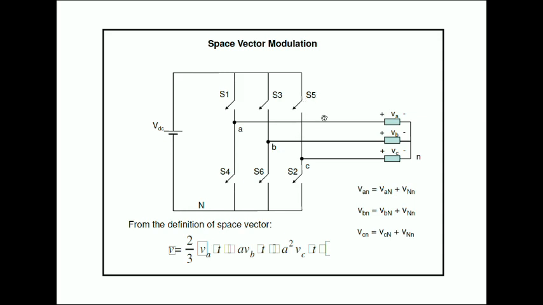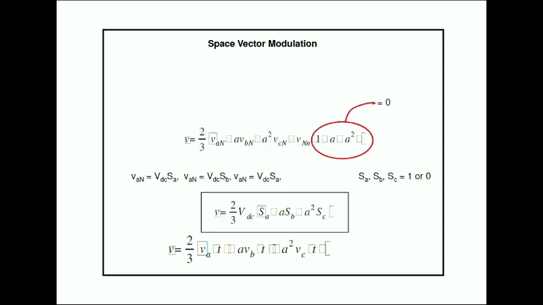Same here, when S5 is active, SC is equal to 1, and when S5 is not active, SC is equal to 0. That is how we represent the system with SA, SB, SC as binary numbers. In this equation there are also some corrections.